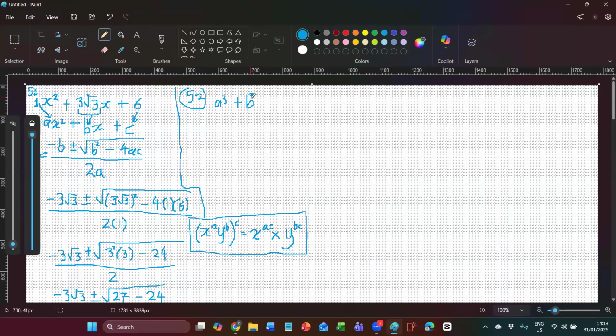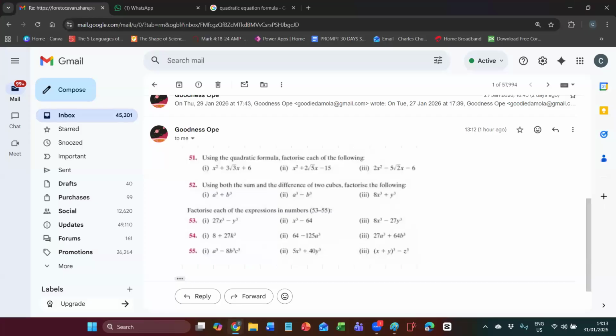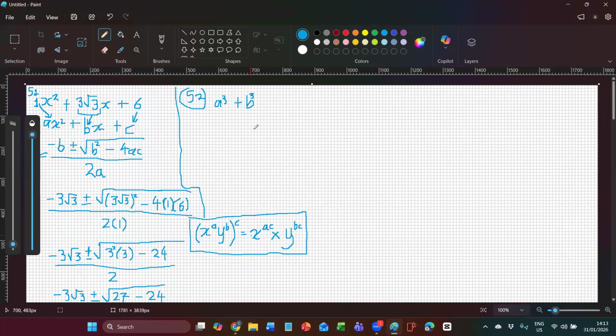Okay. So this was the part I was saying that I'm not sure you can break it down, but you can use, they said, sum and difference of two cubes. Sum and difference of two cubes has a particular format.